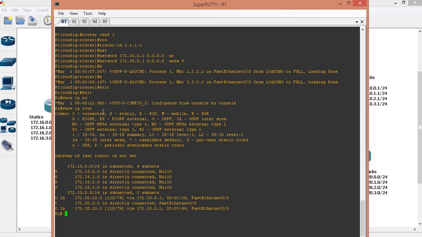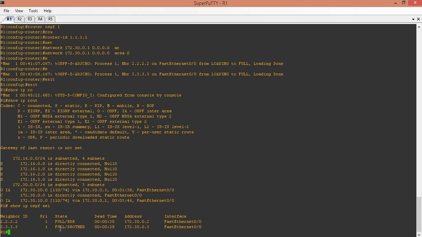See this route, 172.30.20.0, that's in area 20, so it shows inter area. 172.30.10.0 is another inter area route. Now show ip ospf neighbor. You can see that we formed two neighbors, with router 2 and router 3.